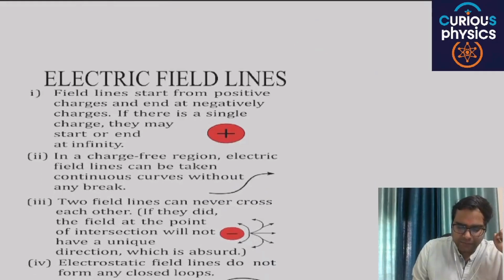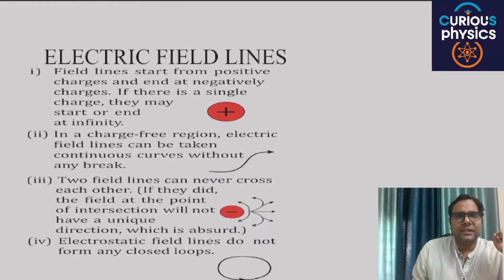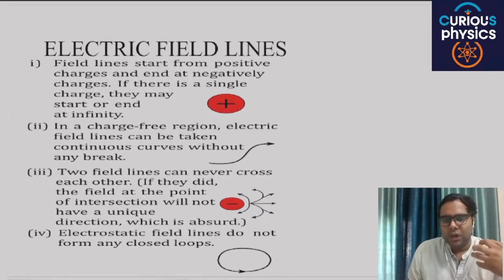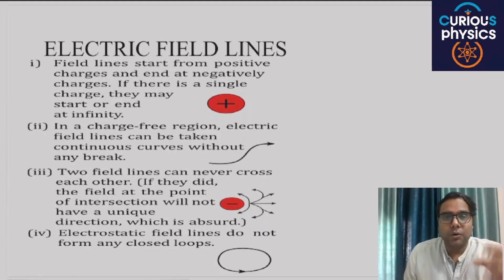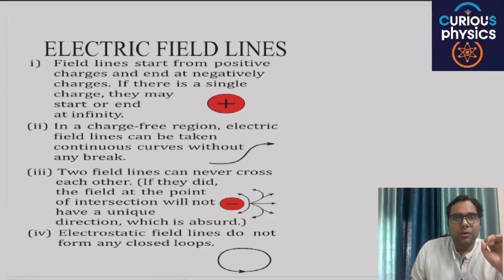Next is electric field lines. Electric field lines are basically imaginary lines to understand the concept of electric field at a particular place. For example, field lines start from a positive charge.